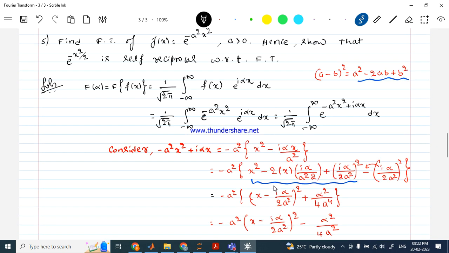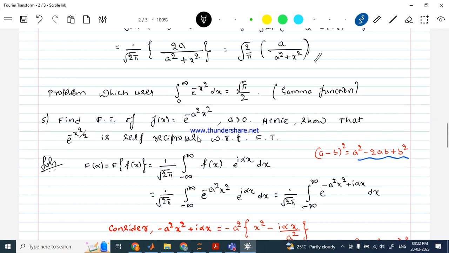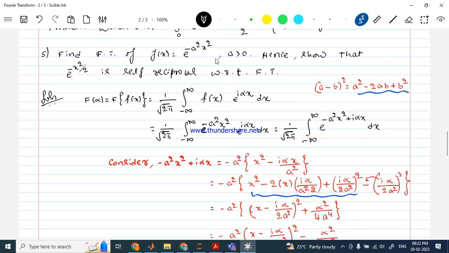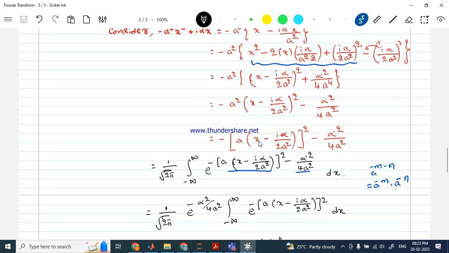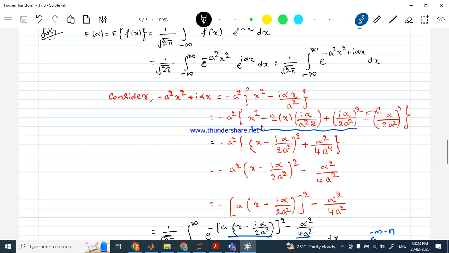Okay, let me just repeat it once. The function is, they have not mentioned the domain, which means by default we will take it from minus infinity to plus infinity. Product of two exponential functions, add the powers. And in this expression x is placed at 2 places, so I can't make use of the substitution to handle this. So I will use completing the square to bring that x to only one place. In completing the square, I have just taken minus a square out.